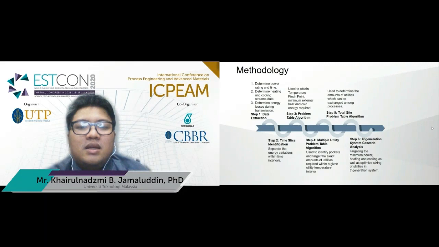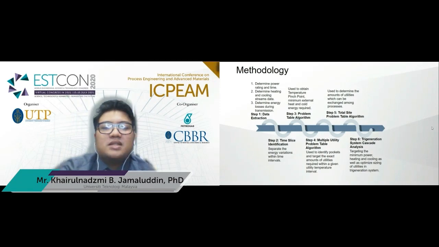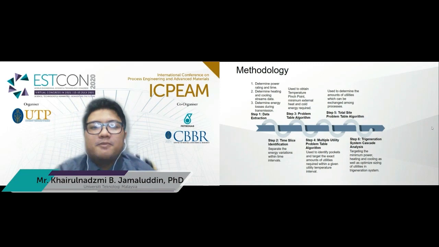And lastly, the sixth step is the use of trigen system cascade analysis. So the trigen system cascade analysis is used to target the minimum power, heating and cooling, as well as to optimize the sizing of utility in trigen system.